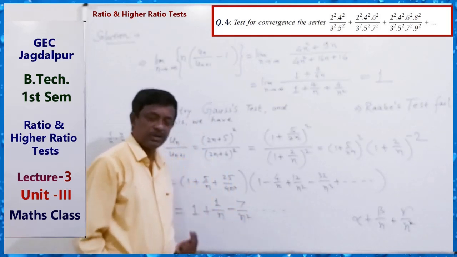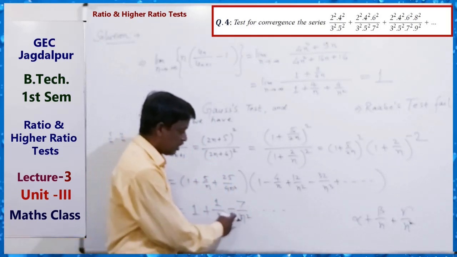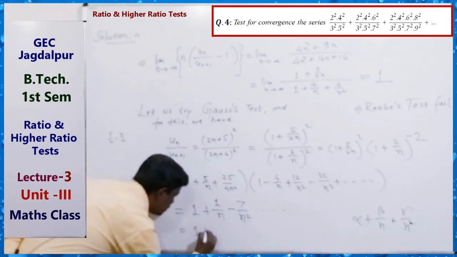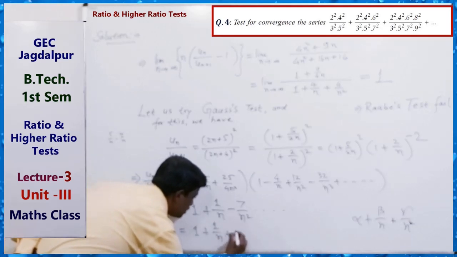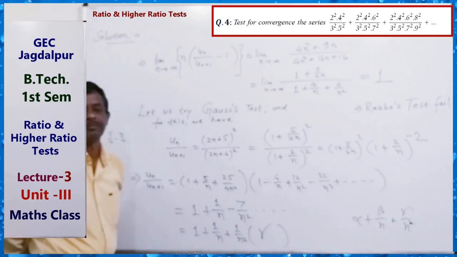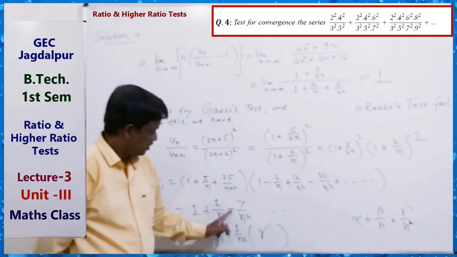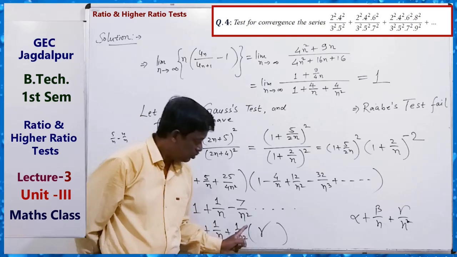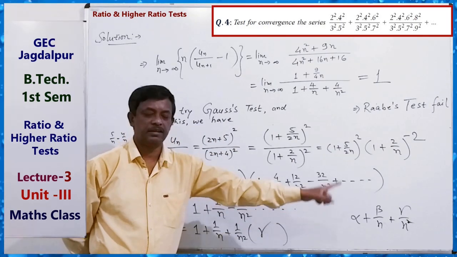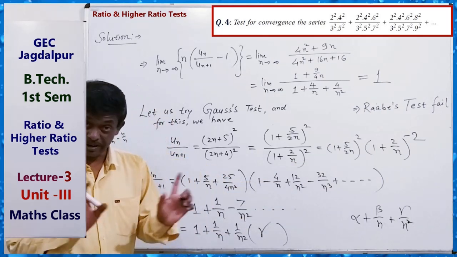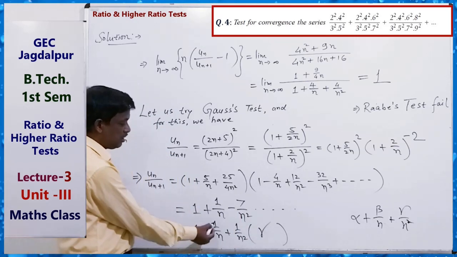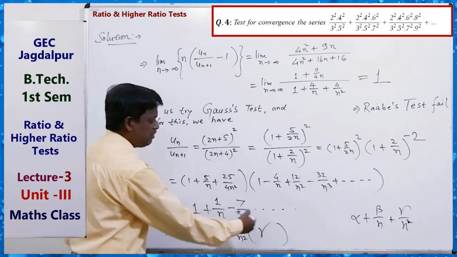So 1 by n square you can take common. So you can write in which format? 1 plus 1 by n plus gamma by n square, because minus 7 into all terms will contain denominator as n. So this is gamma. So alpha 1, beta 1, gamma may be anything.